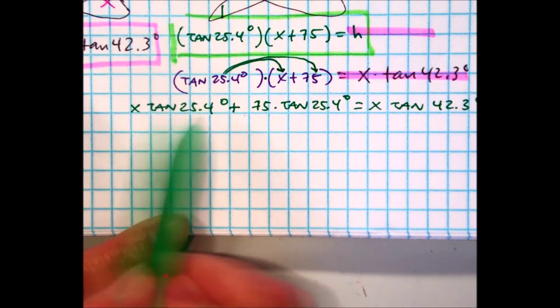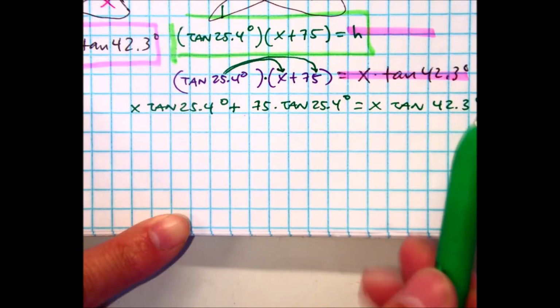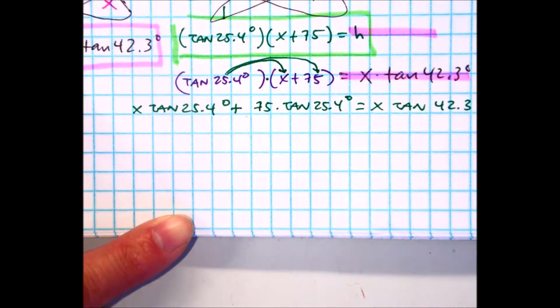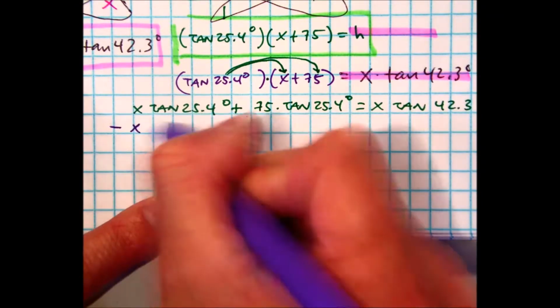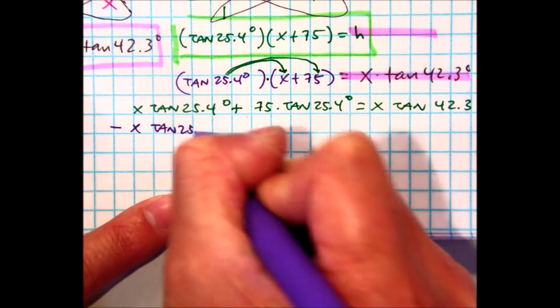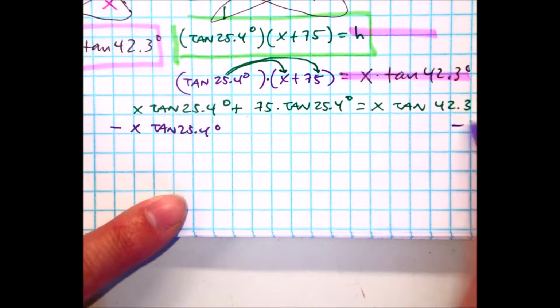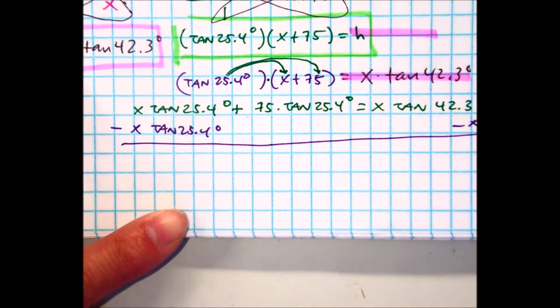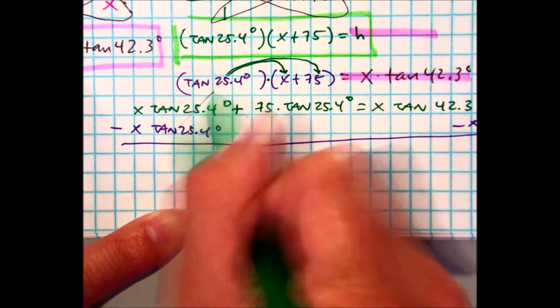I'm going to subtract this expression to the right side. The reason why I'm doing that is I'm trying to get the x's together. So if I subtract this, this will cancel.